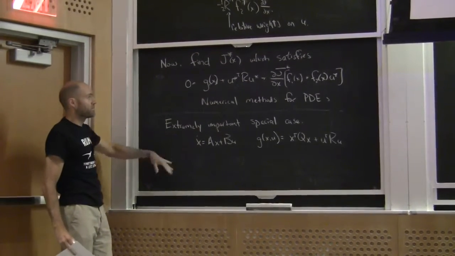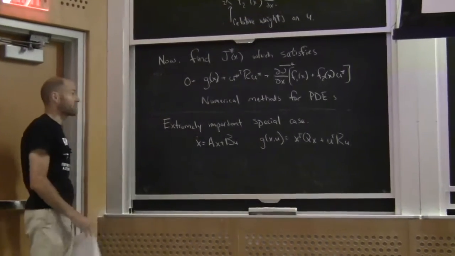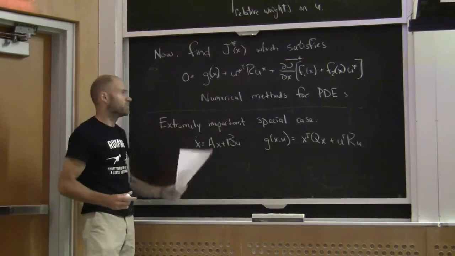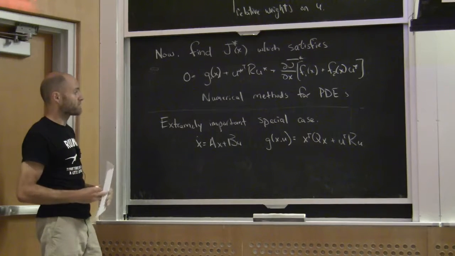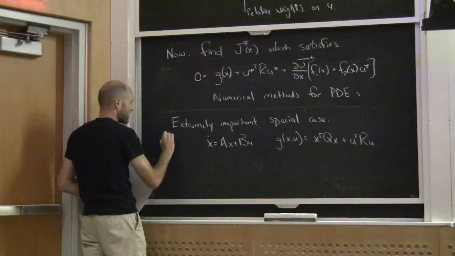Then I can solve this away exactly. Well, it still requires numerical methods, but there are very good mature numerical methods that are going to give me numerical tolerance to solve that. All right, so this is the linear quadratic regulator.